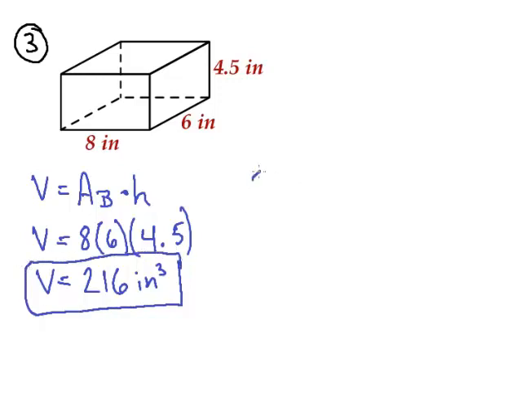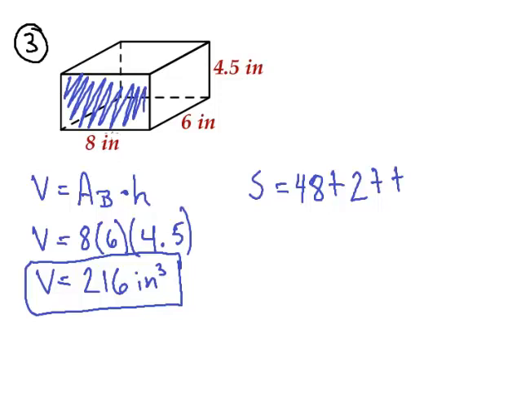Now let's find the surface. Well, surface equals, let's see. Let's go with the bottom, okay? 8 times 6. 8 times 6, 48. Plus, now let's go with the right side. Is 6 times 4.5. 6 times 4.5 would be 27. Plus, now let's go with the front.